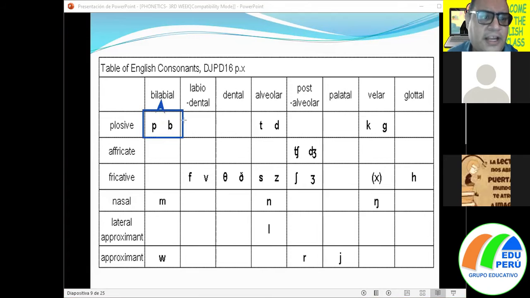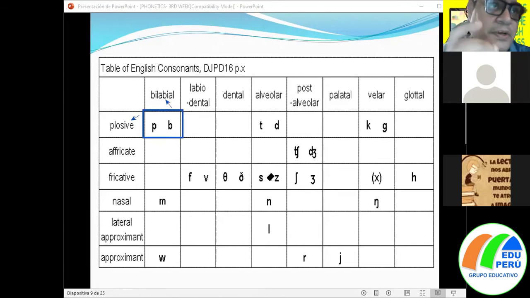These sounds are bilabial. Notice here we have the characteristics of the consonant sound. Bilabial, place of articulation.